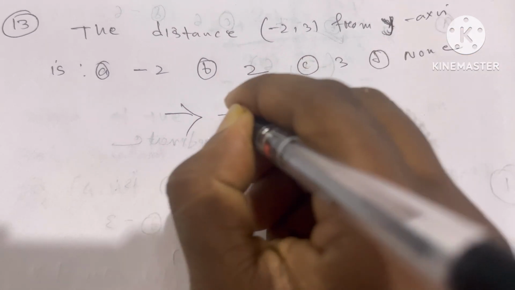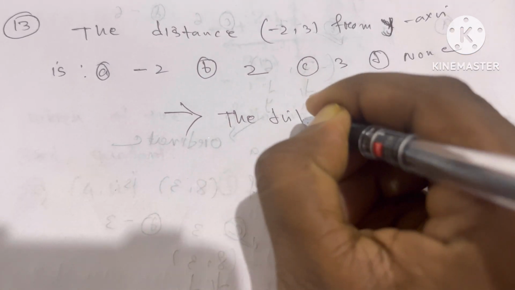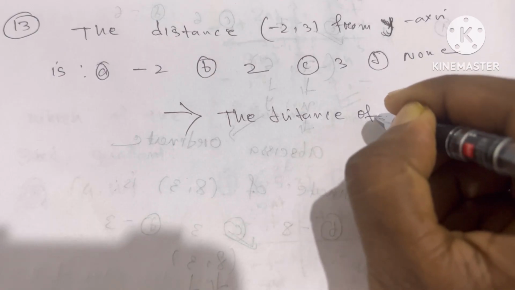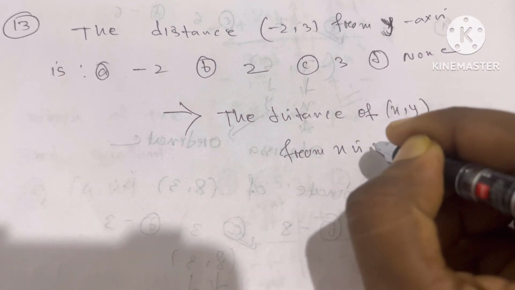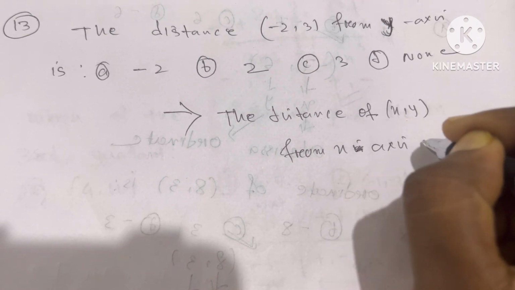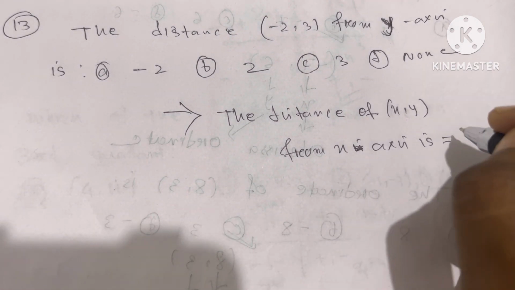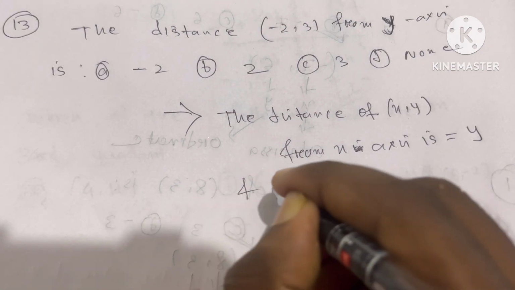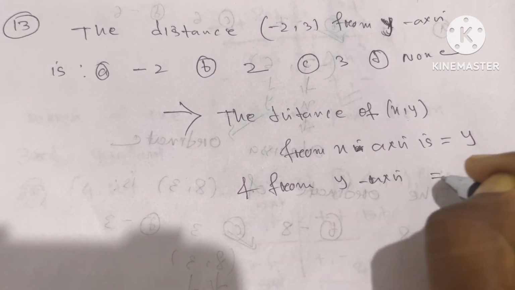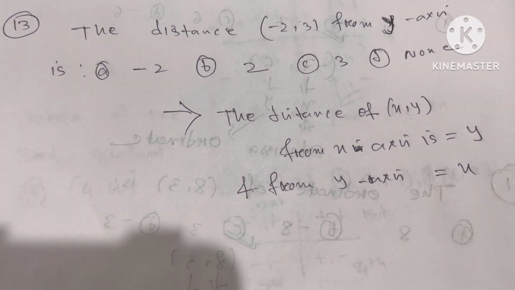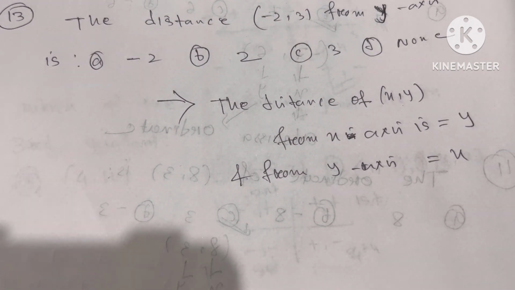So always remember, the distance of x comma y from the x-axis is equal to y, and from the y-axis is equal to x. But always consider distance as positive, because distance means length, which is always positive, isn't it?